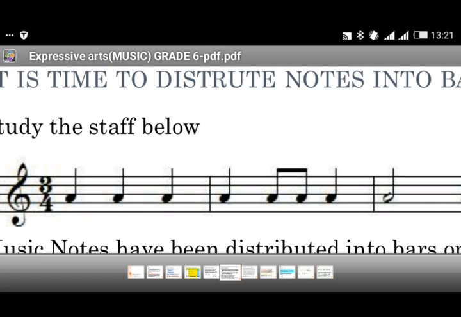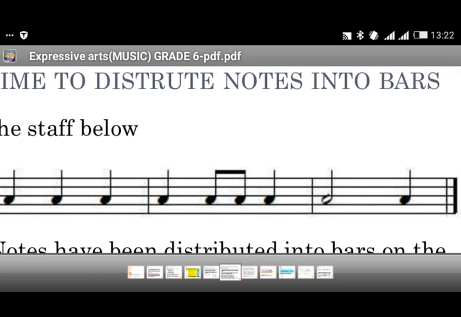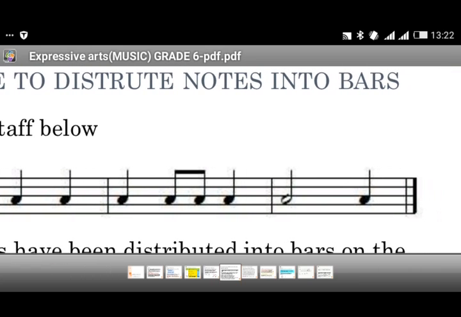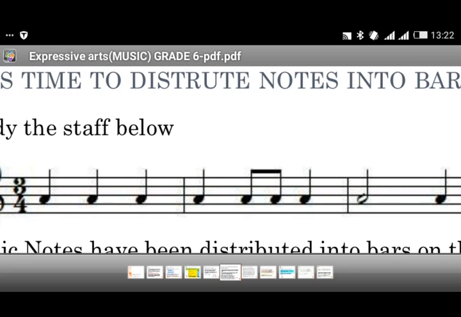So you have seen this bar, 3 counts. Another bar, 3 counts. Another bar, 3 counts. As we can see, the first note here, the crotchet, how many beats? 1. Another crotchet, 1. Another crotchet, 1. It is adding up to 3. So each bar has 3.